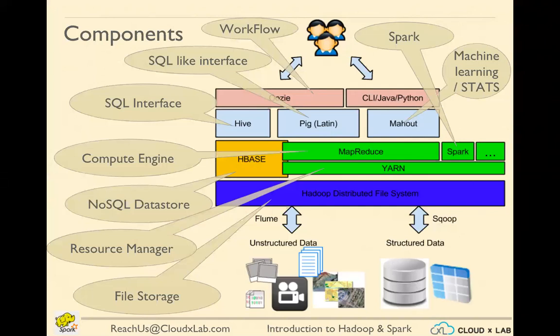So Kafka is used as an organizational queue. We will talk about Kafka in this course when we do Spark streaming. So we will use Spark to process data from Kafka.